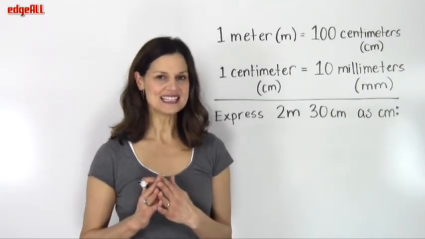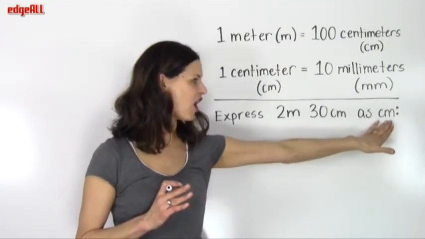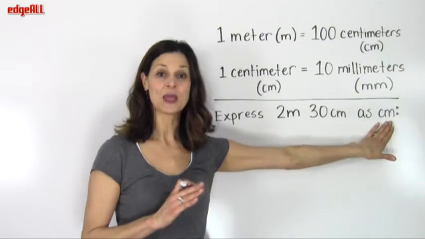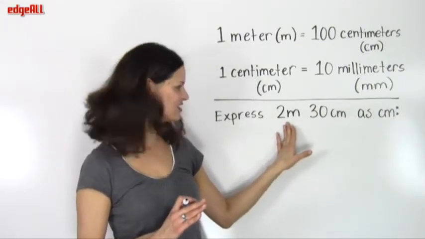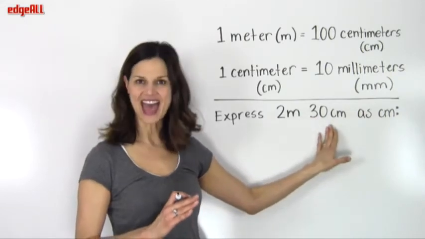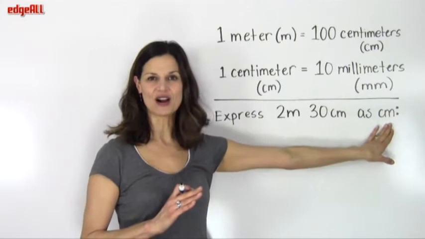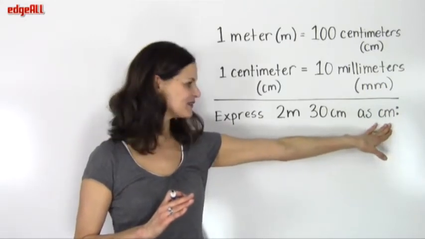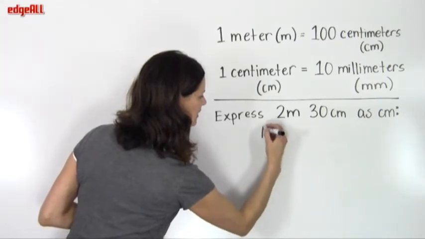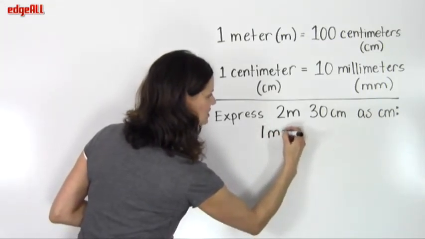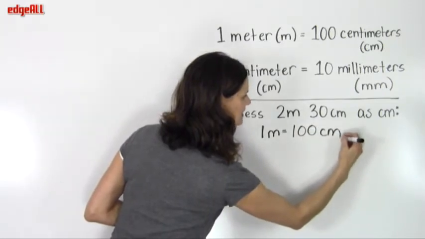So in this example, in order to be able to convert our measurement all over to centimeters, we first need to convert the 2 meters to centimeters, and then we'll add that to the centimeters that we have to get all of our measurement in centimeters. And so we know that 1 meter is equal to 100 centimeters.